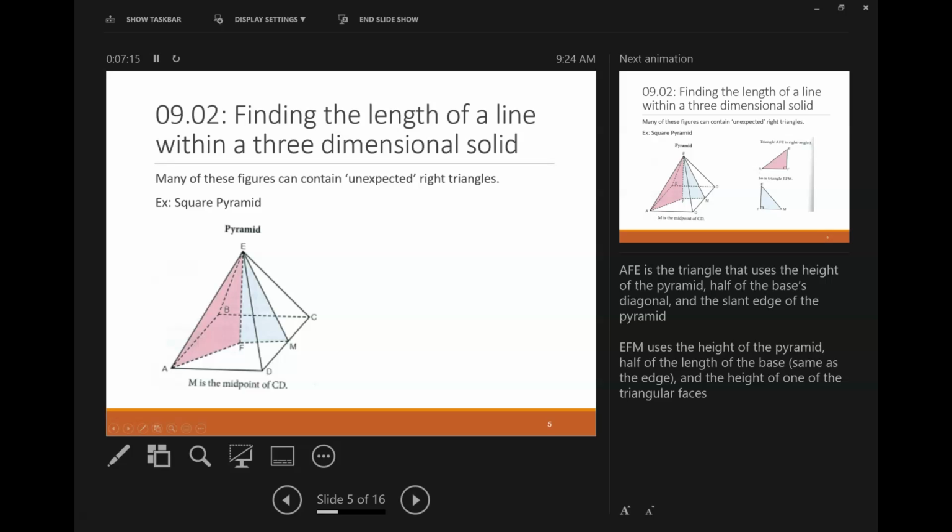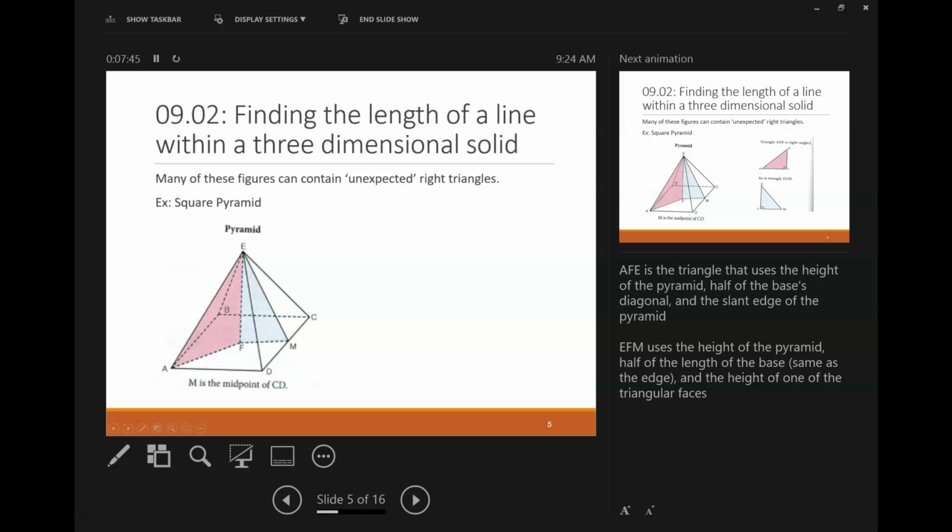So FM is along the base of my pyramid. EF is the height of the pyramid. And then EM, this length here is called a slant length, where it's going down. It's like the height of that triangular face on the pyramid. Everybody okay there?